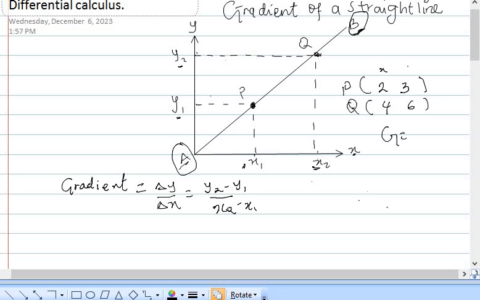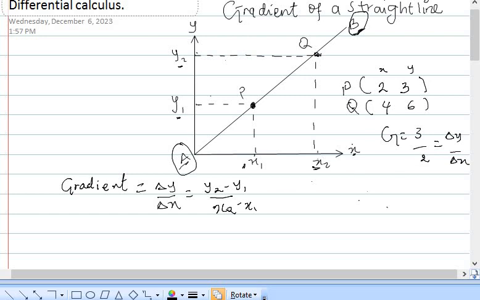Here is x, here is y, just take the difference. The change in y is 6 minus 3, which is 3, and the change in x is 4 minus 2, which is 2. So the gradient is 3 by 2, that's change in y by change in x.